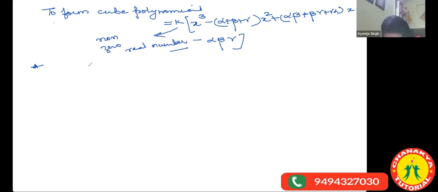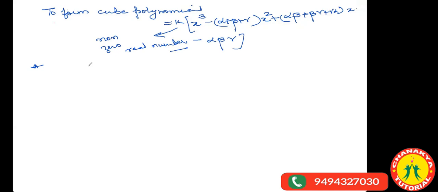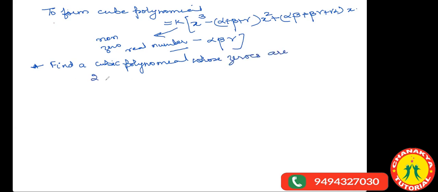Yes, ma'am. Clear, ma'am. Now suppose we are given a question like this: find a cubic polynomial whose zeros are 2, -3 and 5.